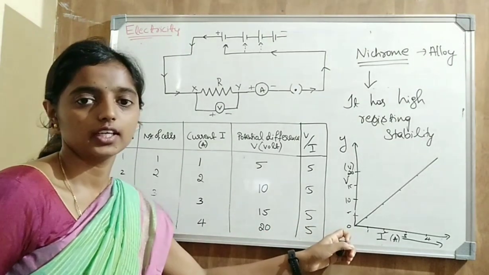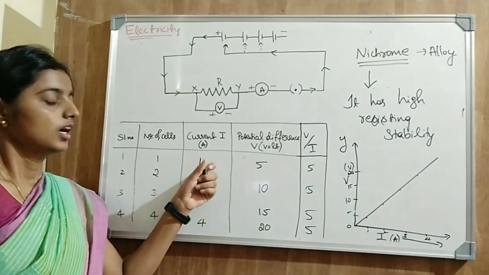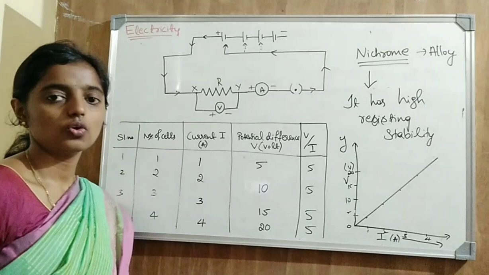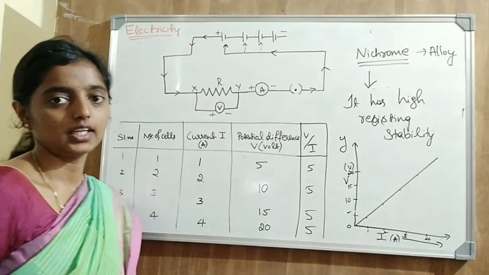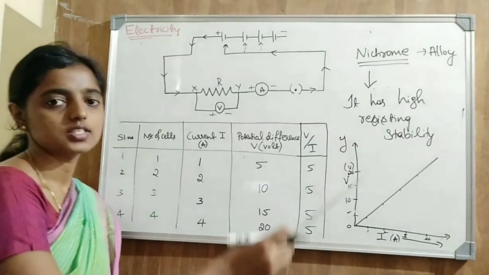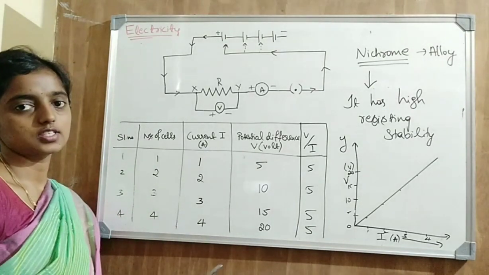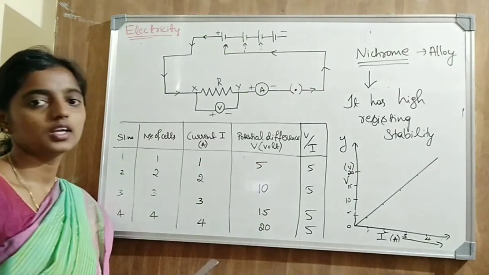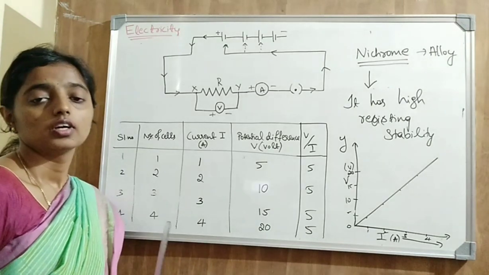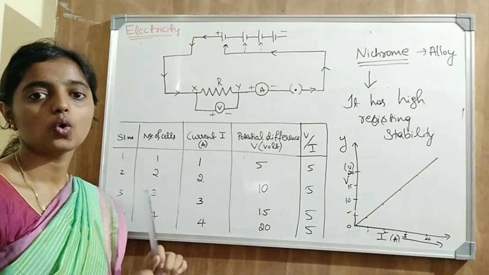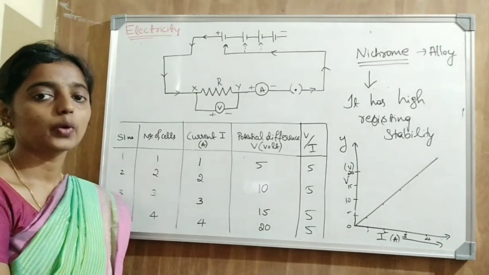So the graph indicates that as current increases, potential difference also increases linearly, and there is a relationship between current and potential difference, and all these things were given by the German scientist called George Simon Ohm in 1827.